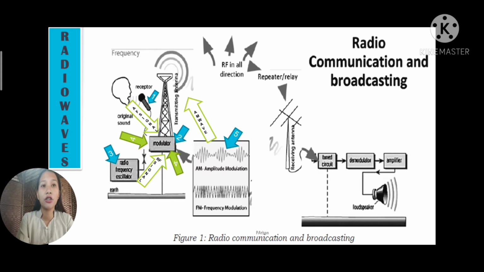After the modulation process, the modulated carrier wave will be sent to the amplifier that will magnify its energy. The amplified modulated wave is then sent to the transmitting antenna.